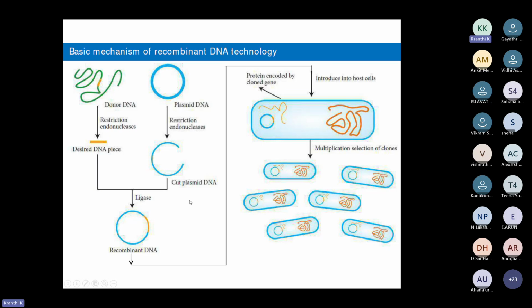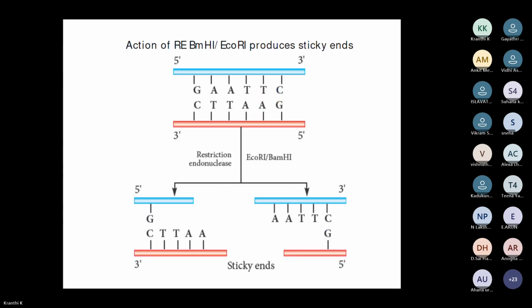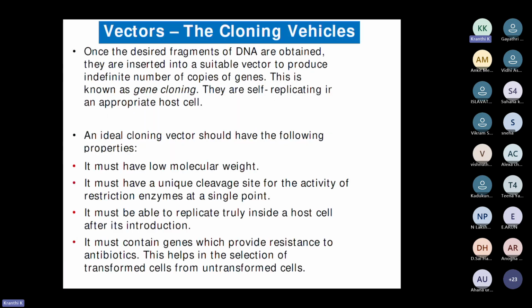So this plasmid or this vector should be capable to undergo the cutting, right? If it is not undergoing the cutting, then there's no use, right? So it must have a unique cleavage site for the activity of the restriction enzymes. So it should have the same DNA sequence, the way you're cutting that particular desired DNA segment, right?